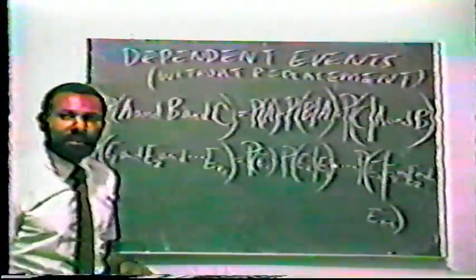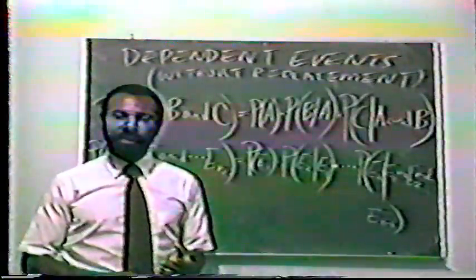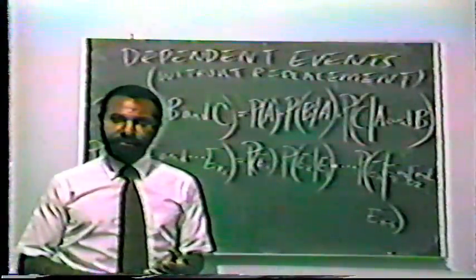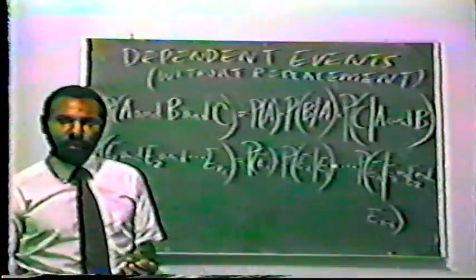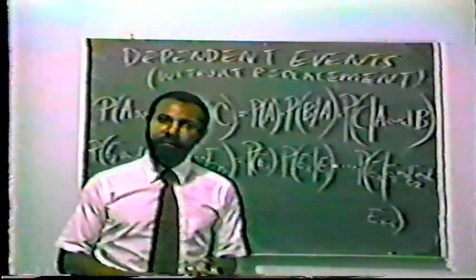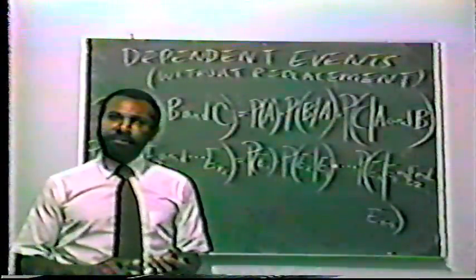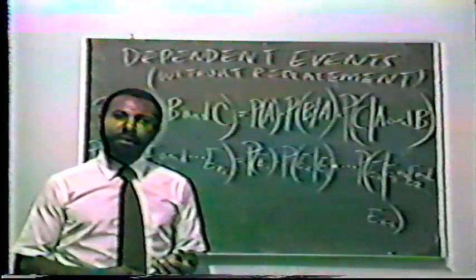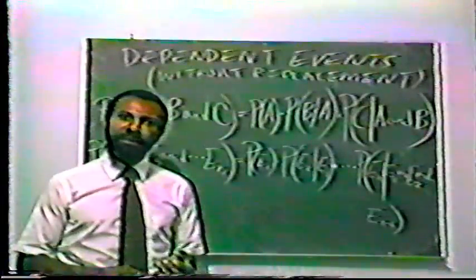Now, let's review what we've done. First of all, we talked about independent and dependent events. We said that independent events were events in which the occurrence of one event does not affect the occurrence of the other event, and we call that with replacement.